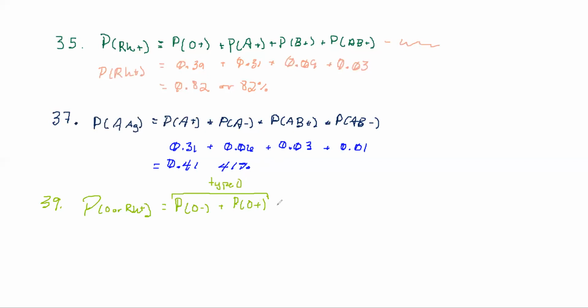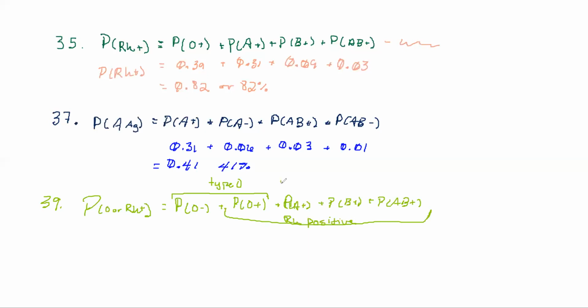And then there are the Rh positive groups, which are the probability of A positive, probability of B positive, and probability of AB positive. And all of these are Rh positive.